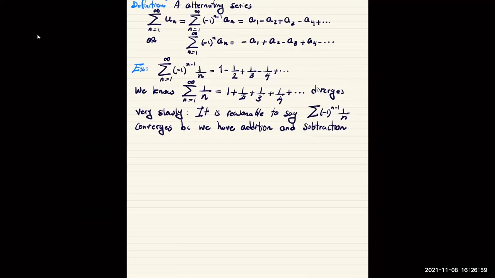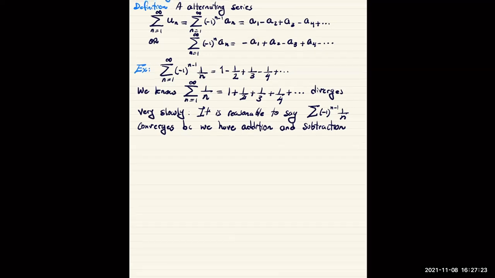And it turns out, I believe the value of this series, I think it's ln of 2. Yep, this is natural log of 2. And we're going to see why later on, but it's a convergent series because if you think about it, for the partial sums, it's all about partial sums.